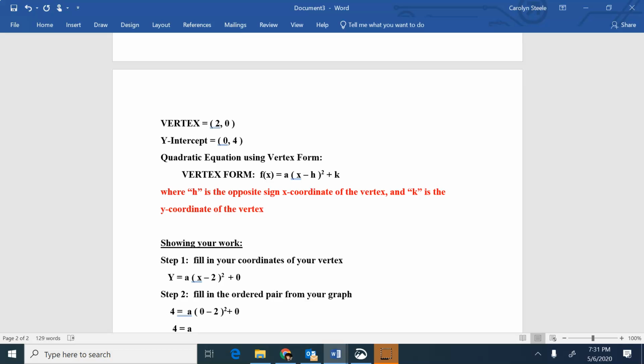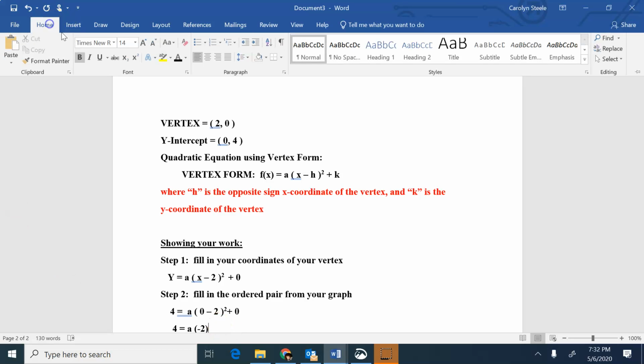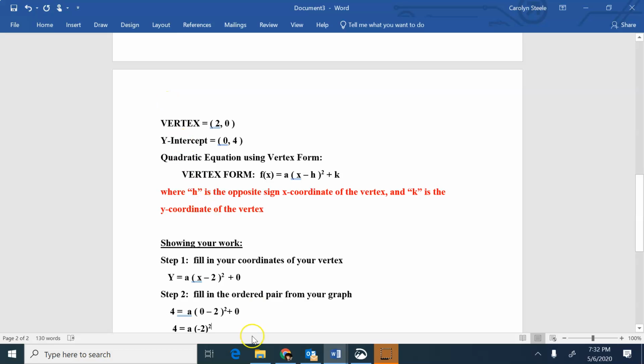And you know that a times 4, the -2 squared, I'm just going to show you that so that you can actually see it. And we can focus on what happens here when I've simplified it. Excuse me. So -2 squared, and I'm not going to worry about the +0.